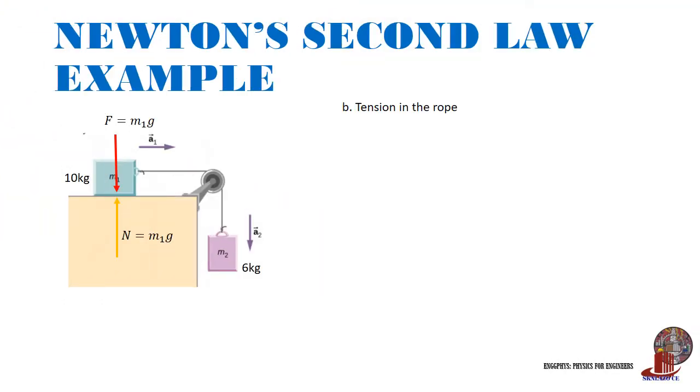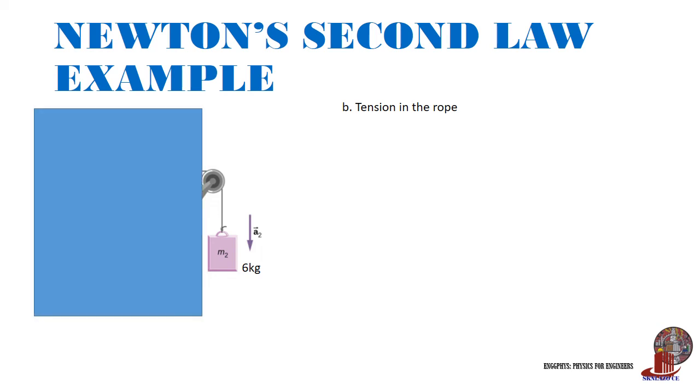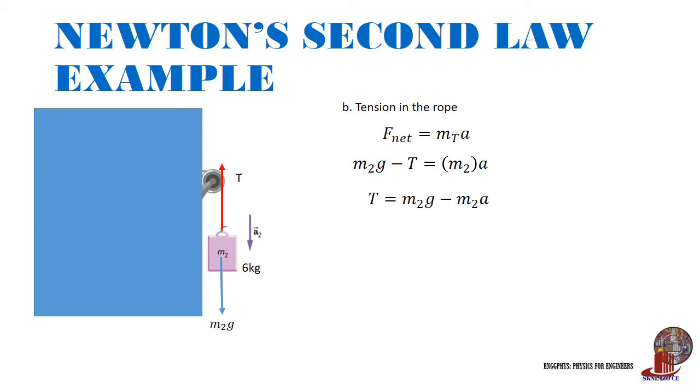The second requirement is the tension in the rope. In this case, we consider mass 2. It would be noted that it has its weight as m2 times g, which is pulled by the string with T, the required. So using the formula F is equal to ma, we get F net as the difference of the forces m2g minus T, which would be equal to mass 2 times acceleration.